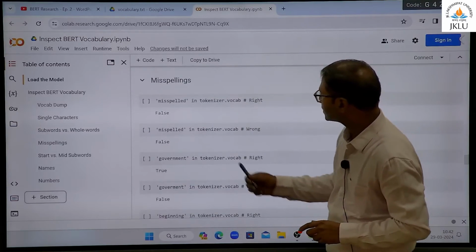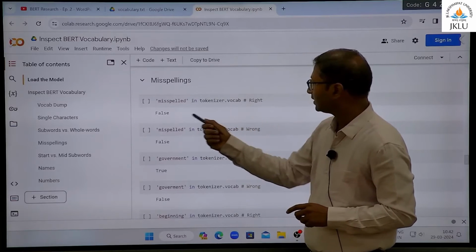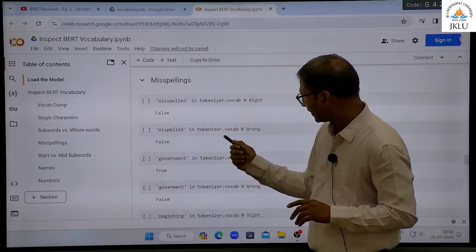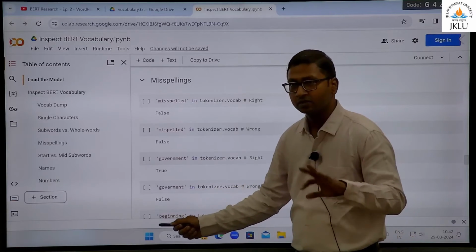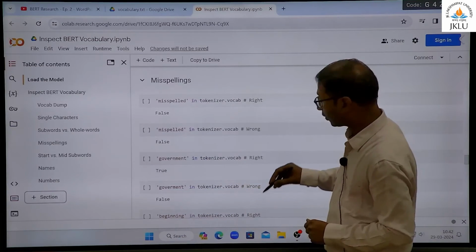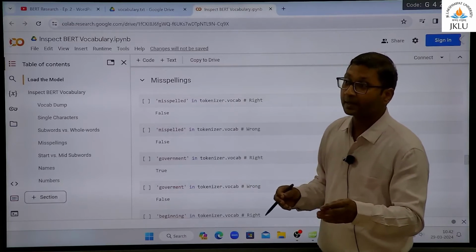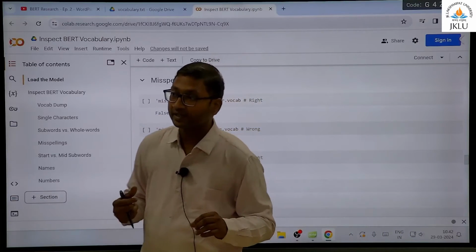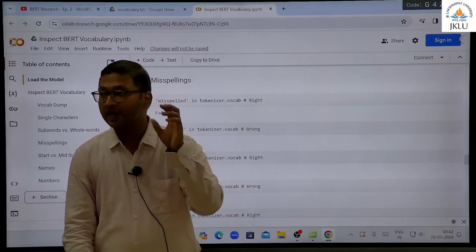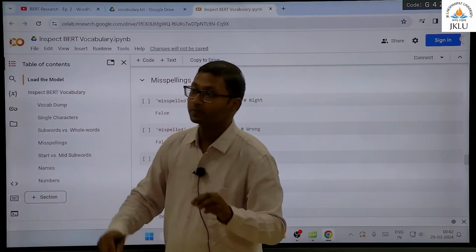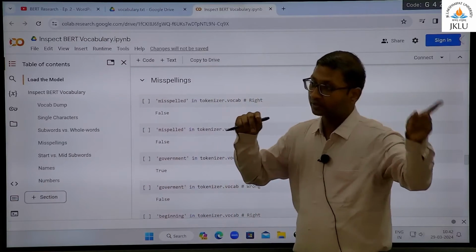So misspellings: misspelled in tokenizer, false. So government, for example, the correct spelling is true, but the misspelling is false. So misspellings are not there, they might have deliberately kept them out, but BERT was trained on what? Book corpus. So the likelihood that there were misspellings is much lesser compared to an internet crawl.